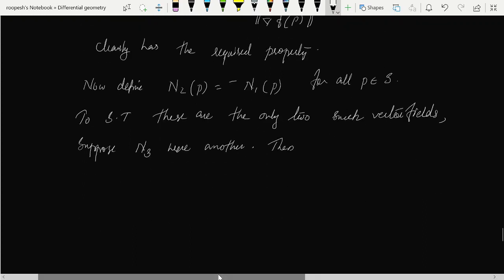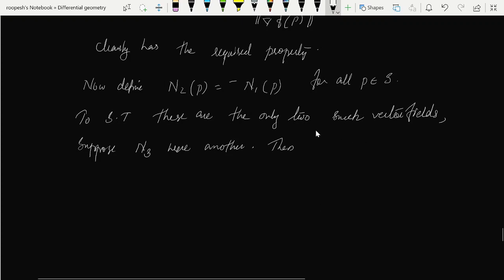This is our usual procedure. Only two things existing means we will say that suppose there exists one more thing, and we will get either n3 equal to n1 or n3 equal to n2.